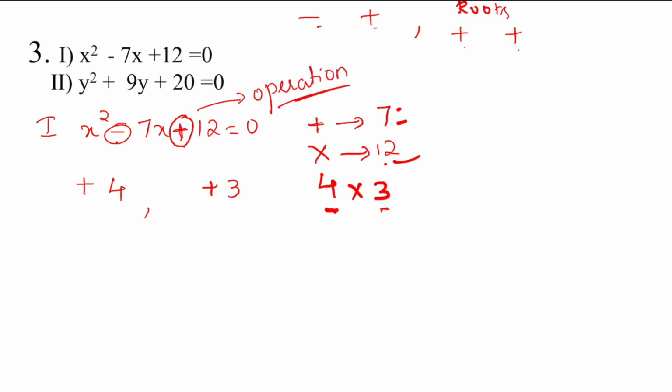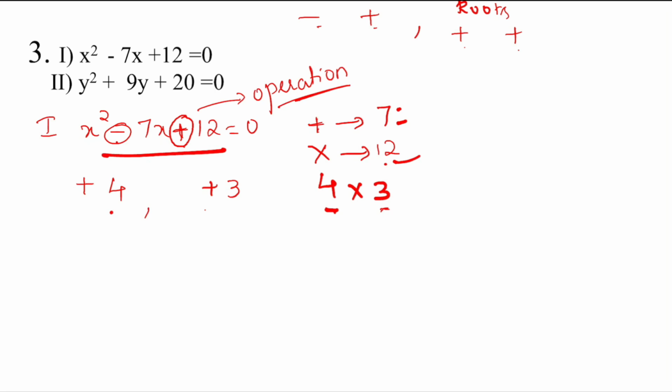You can completely solve this equation and you will get to know that it will be plus 4 and plus 3 itself. But let us not solve the complete equation. This is a short trick. We are learning short tricks in this video, so directly I will tell only short tricks. So roots are plus 4 and plus 3.